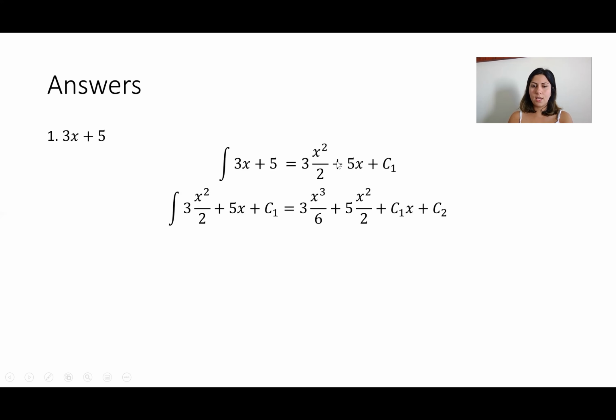As you can see, I put the answer for the first integration here, and I integrated once more.